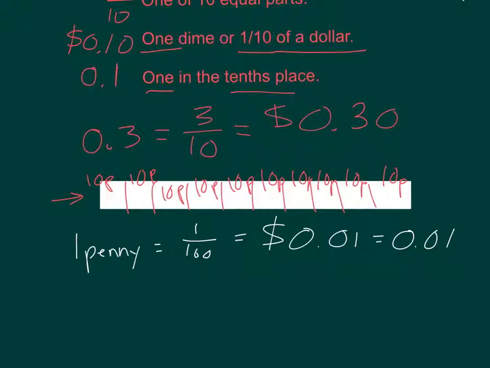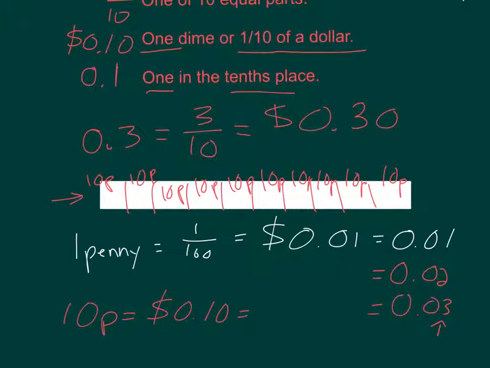If I wanted to talk about 2 pennies, that would be 2 hundredths. 3 pennies would be 3 hundredths, 3 in the hundredths place. And one last connection, if I wanted to talk about 10 pennies, I know that that is going to equal $0.10.